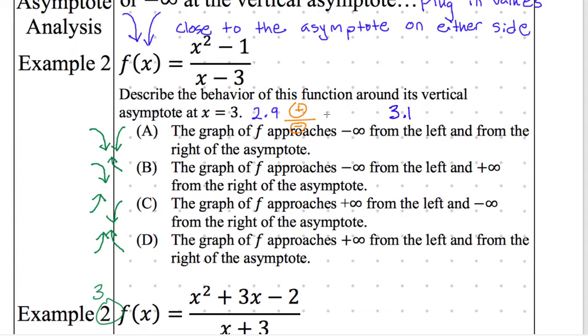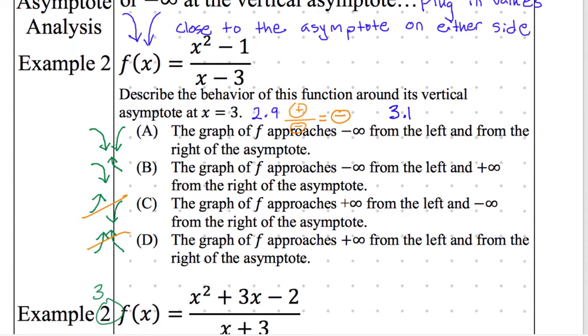So overall, a positive divided by a negative is a negative. So 2.9, was that on the left or the right? Left. So the left should be negative infinity. It has to be negative, so it can be this option, but it cannot be these 2 options because those are both going to positive infinity on the left. I think it's B.